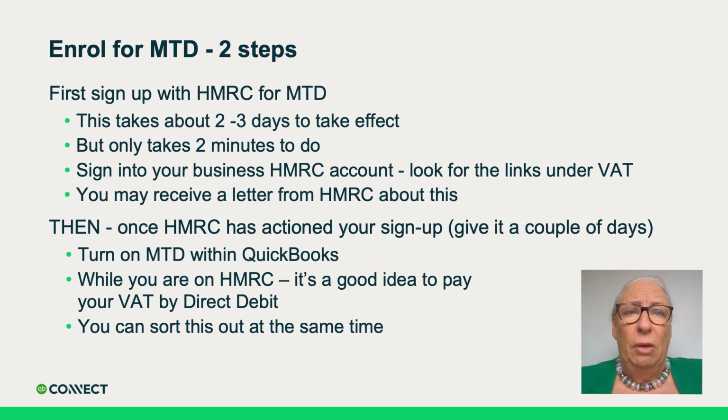Then, as I say, it takes a couple of days for it to wend its way through HMRC's computers. And then you can go into QuickBooks and turn on MTD. So this is the 2-step bit. You need to enroll with HMRC and then you need to turn it on in QuickBooks. Go into your VAT Centre in QuickBooks, and while you're in there, you should be able to find how to turn on Making Tax Digital.